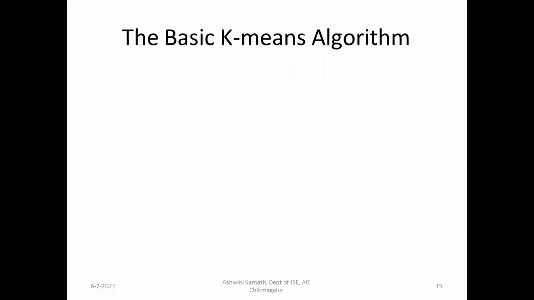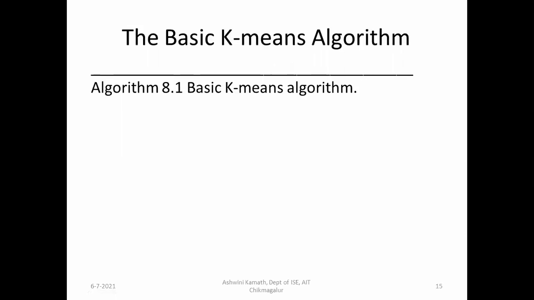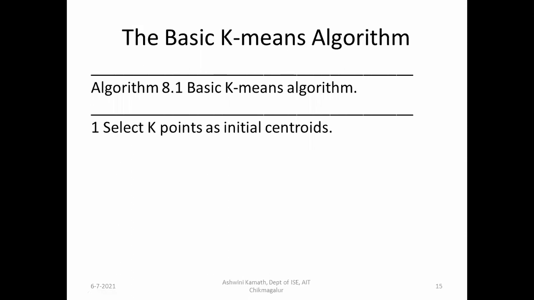The basic K-means algorithm, you can notice this algorithm 8.1. First step is to select K points as initial centroids. Based on the user requirement, you can specify this K value. If K value is 3, then depending on the initial data, it will create 3 initial centroids.